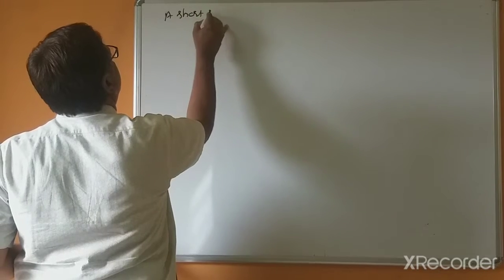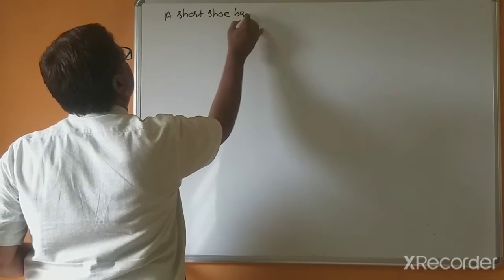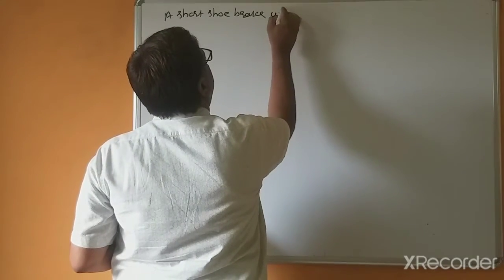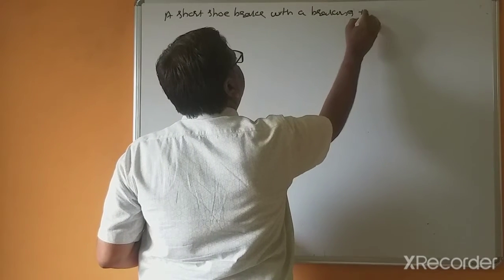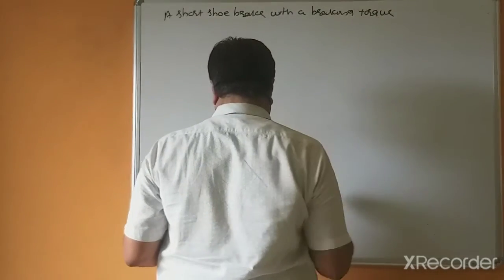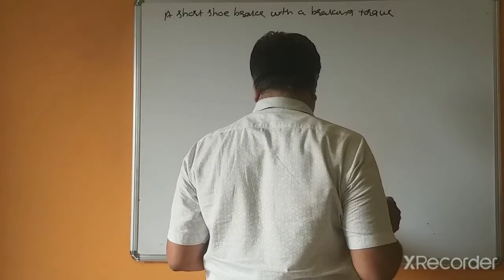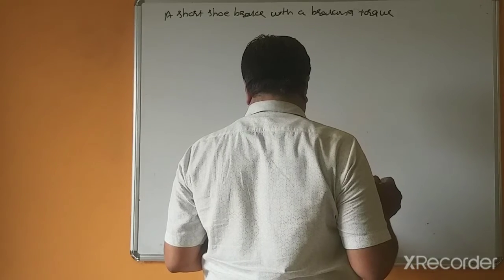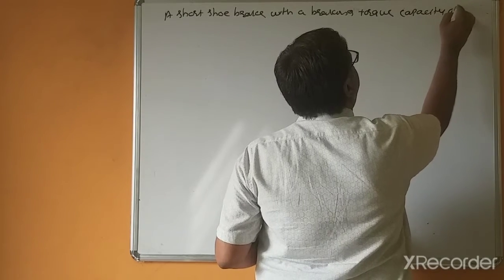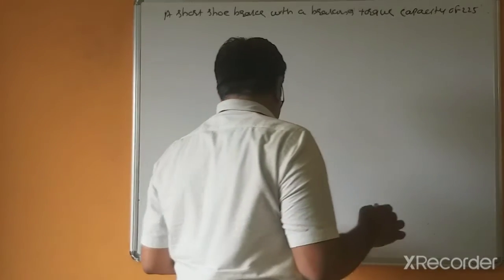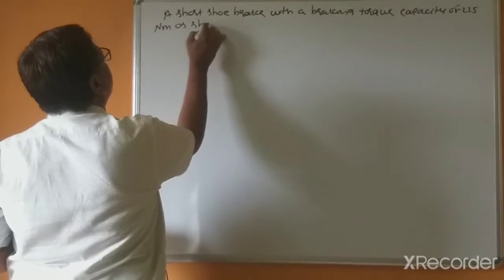A short shoe brake with a braking torque capacity of 225 Newton meter, as shown in figure.